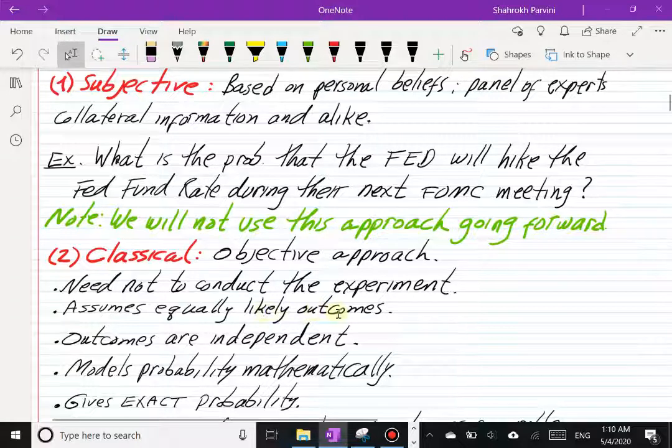Okay, and don't worry about these technical terms or jargon. What is an experiment? What is an outcome? Things like that. Going down further, in a few minutes, I will give you all of the definitions of what we mean by a trial, what is the data, what is an outcome, what is a sample space, things like that are coming up. So the assumption here is that we have equally likely outcomes. Outcomes must be independent.